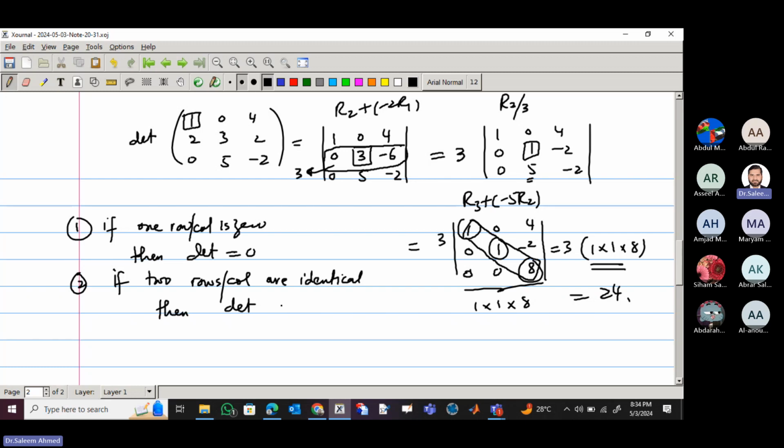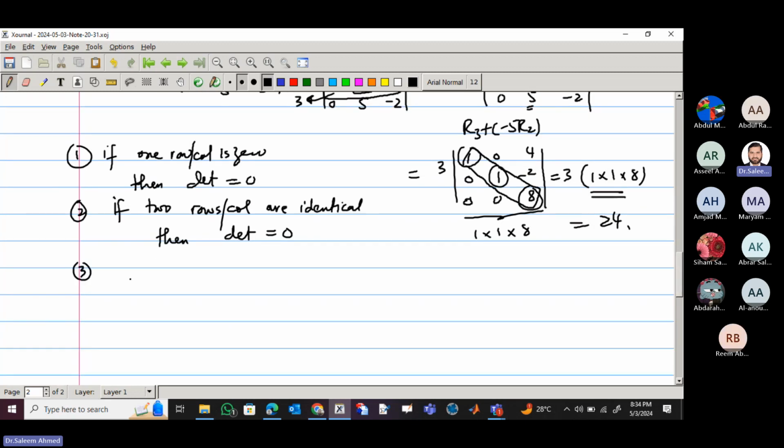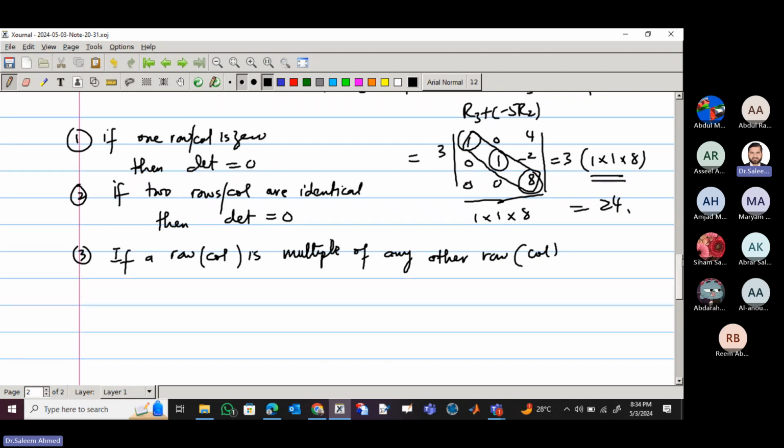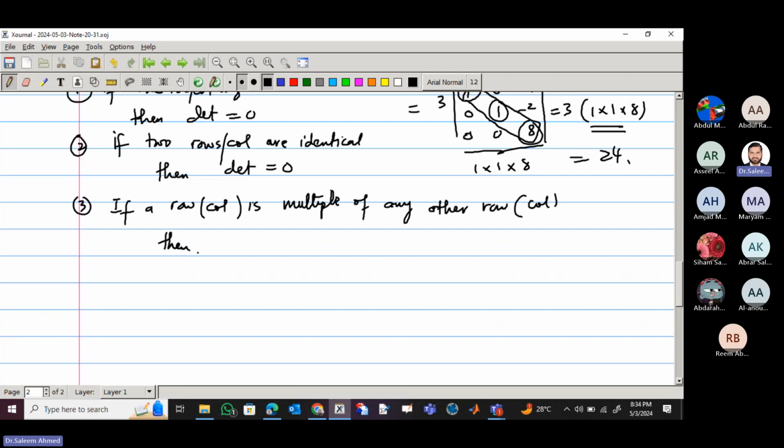If you see two rows are same or identical, 0. If you see a row or column is a multiple of any other row or column, so basically row has to be a multiple of row and column has to be a multiple of column, then determinant is again 0. So these properties can also help us.